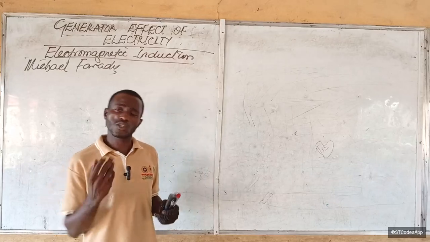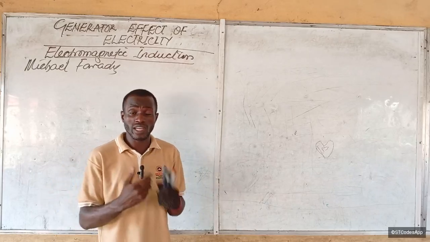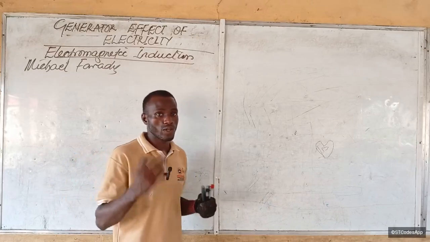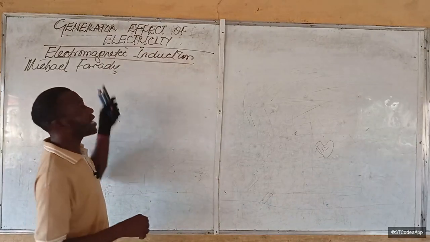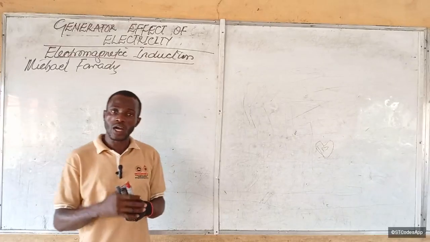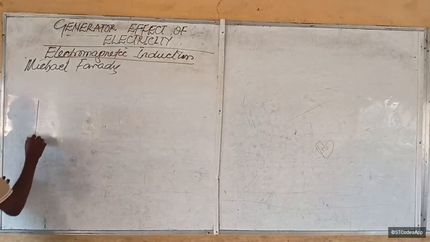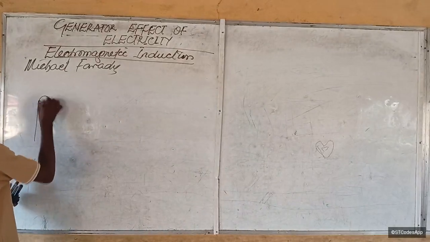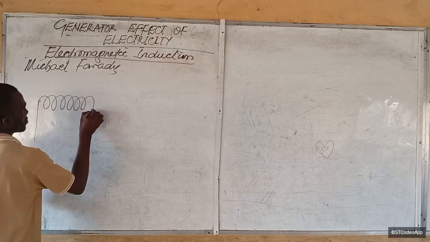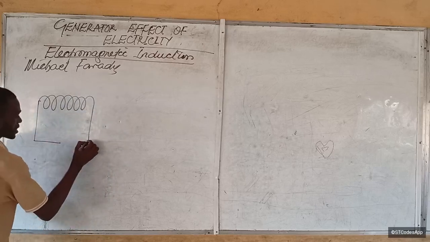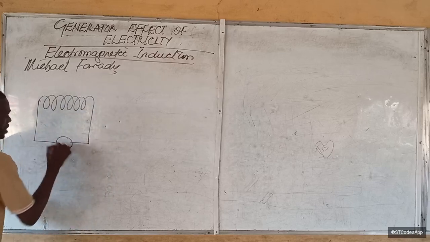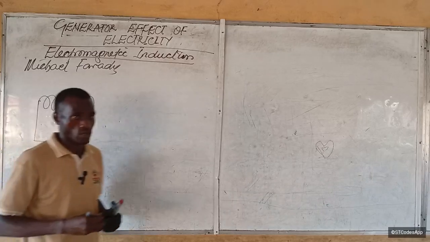Because of this, several experiments were carried out, and one of which was carried out by Michael Faraday. One of what he did was to use a solenoid. Recall that in this series, we have been discussing a lot about solenoids.